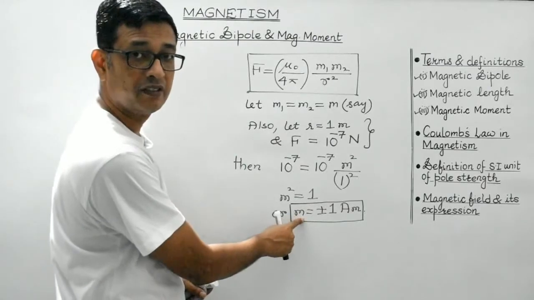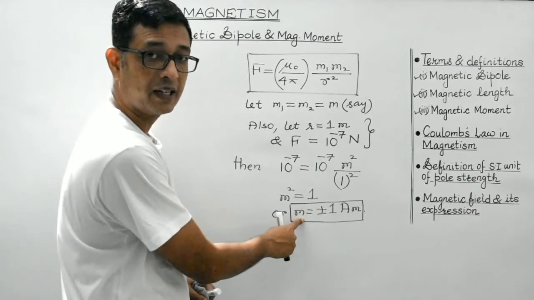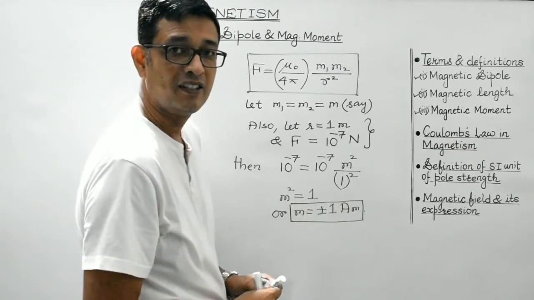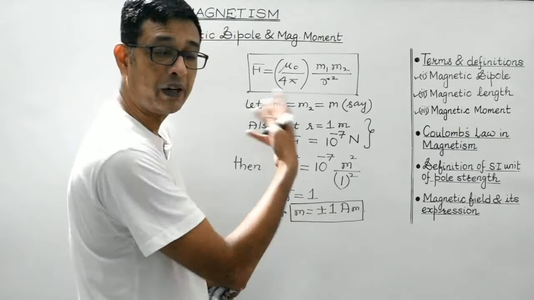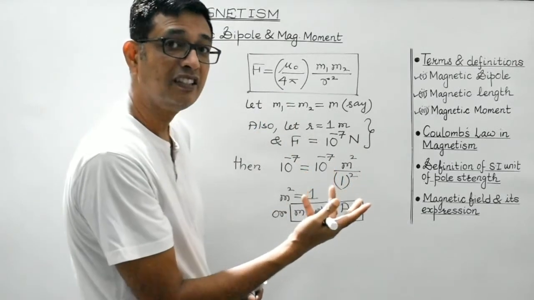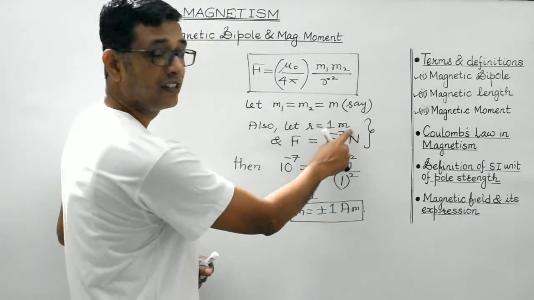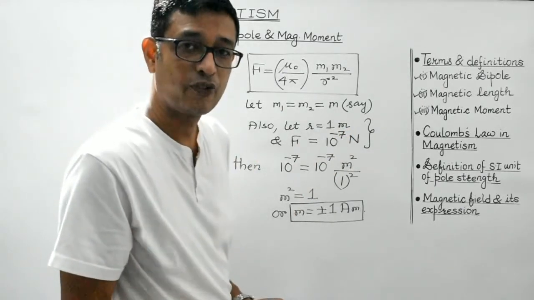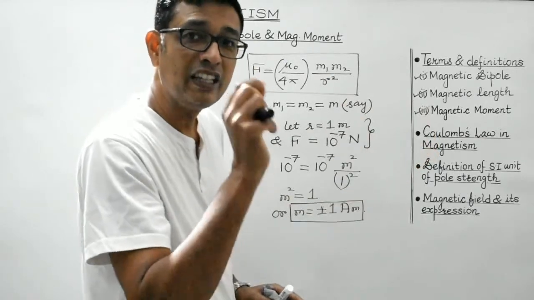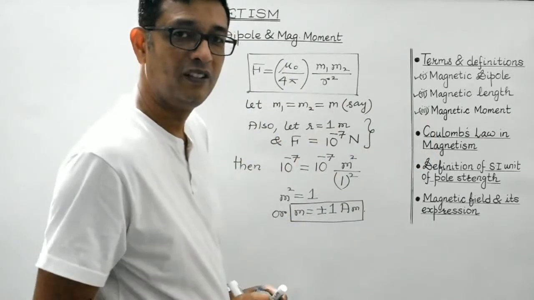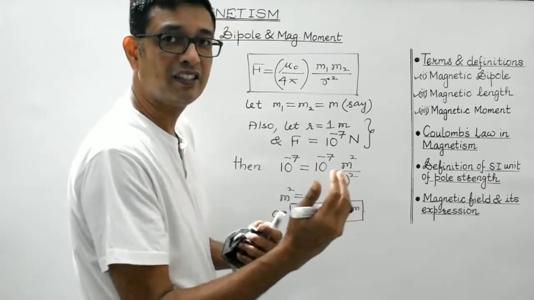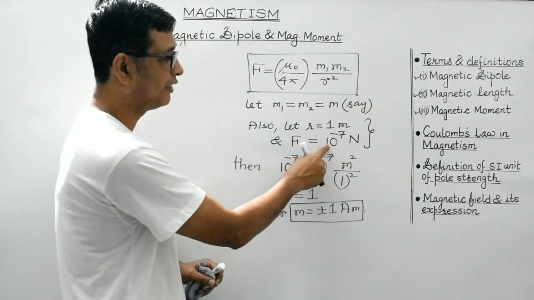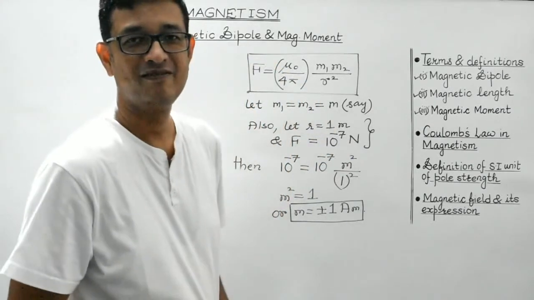The pole strength of a magnetic pole is said to be 1 ampere meter when it is placed at a distance of 1 meter in air or vacuum from another equal and similar pole and they experience or exert upon each other a force of 10 raised to power minus 7 Newton.